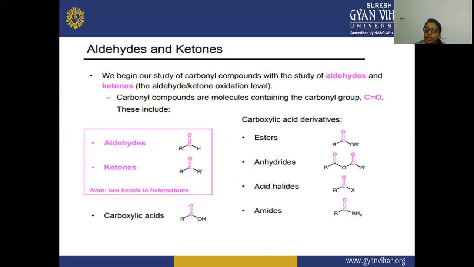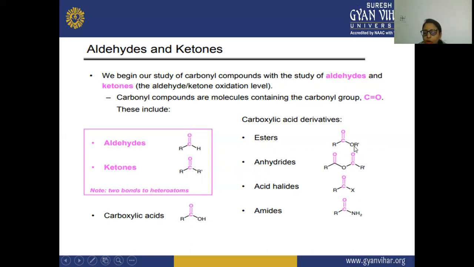So here also the alkyl group can be different. It means that the CO is attached on one side to oxygen, and on the other side this oxygen, and here this alkyl group can be different. Here you can take a methyl group, and here you can take the ethyl group.